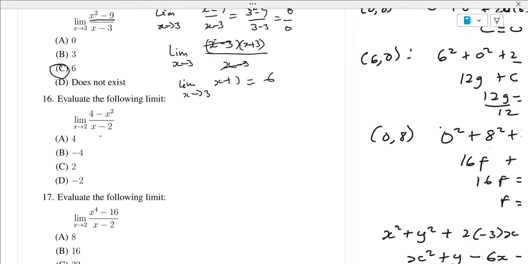So for this one, if I substitute 2 in directly, I'm going to have 0 over 0, which is what? Indeterminate, right? But we know this one.